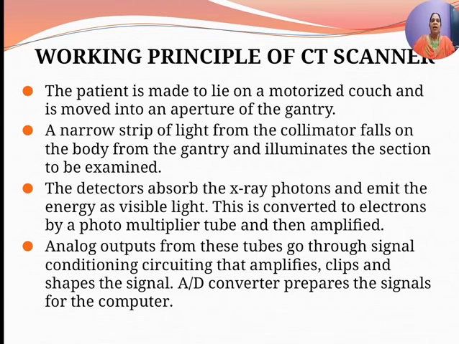The patient is made to lie on a motorized couch, and it is moved into an aperture of the gantry with the location to be accurately determined by means of a narrow strip of light from the collimator that falls on the body from the gantry and illuminates the section to be examined. The detectors absorb the X-ray photons and emit the energy as visible light. This is converted to electrons by a photomultiplier tube and then amplified.